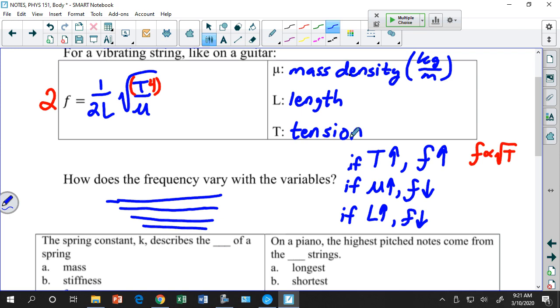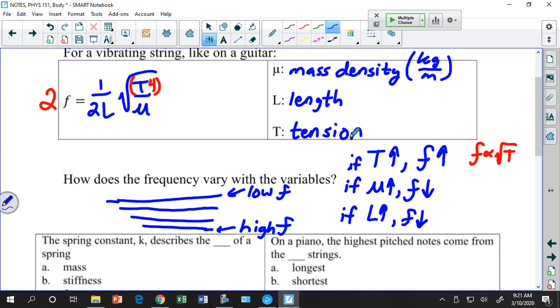So which of these strings would be the lowest pitched, the top or the bottom? The top will be the lowest pitch because this is low frequency and this one is high frequency. Okay? There's an inverse relationship between length and frequency.